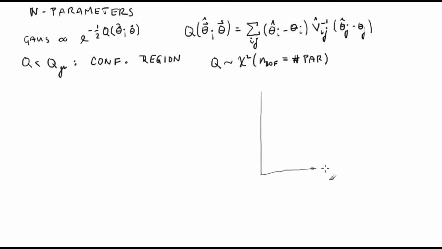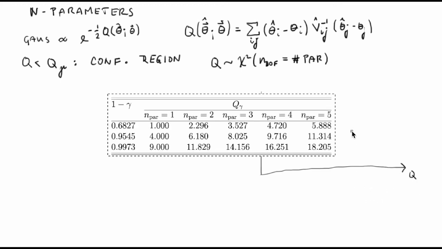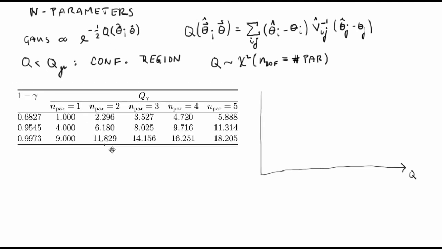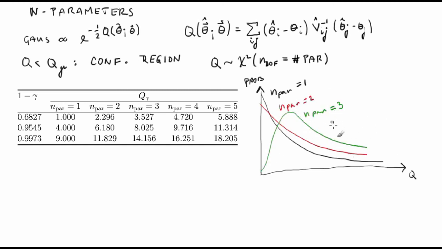Therefore, the value q gamma is a quantile of the chi-square distribution corresponding to the chosen confidence level gamma. In this table, check quantiles corresponding to 3 common confidence level choices in different dimensions. Note that the more degrees of freedom there are, the flatter the chi-square distribution is, and the higher value of q gamma we get for a fixed confidence level.